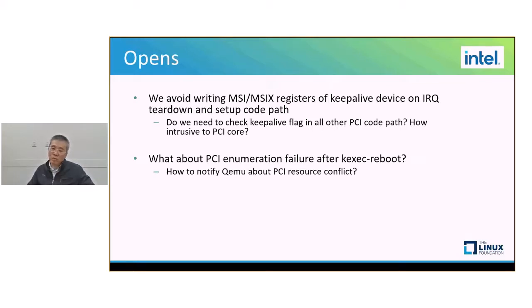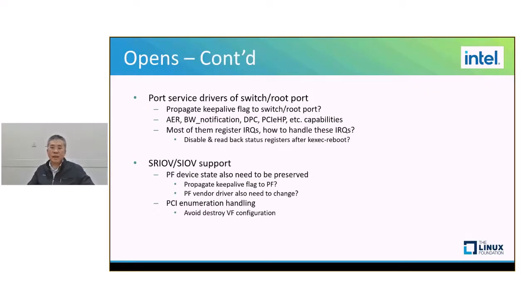And what about PCI enumeration failure because of resource conflict? How do we notify Qemu about this? And since all the dependent devices along the I/O path also need to be kept alive, how do we handle the states of these devices? For example, switch port and root port.